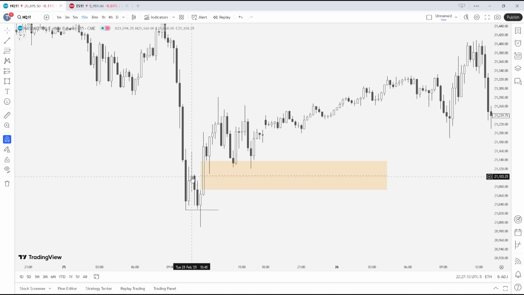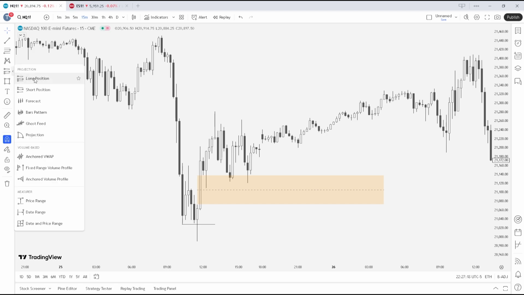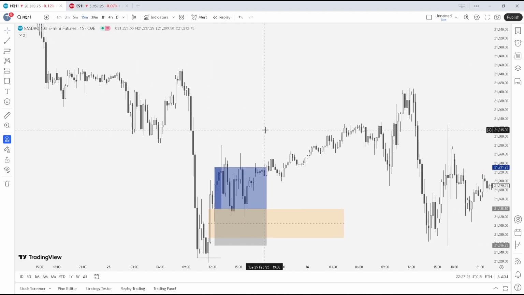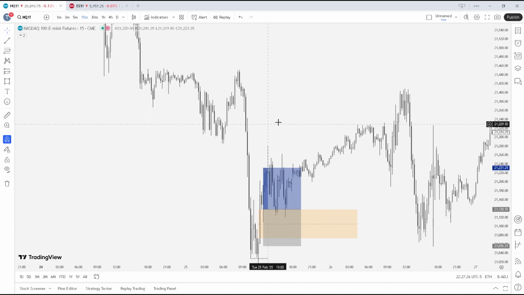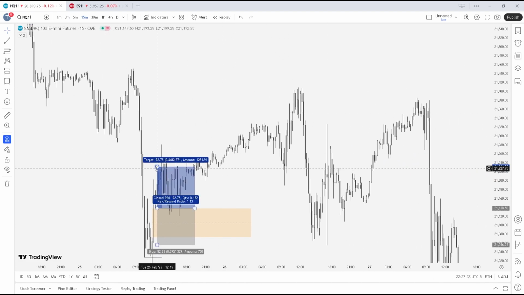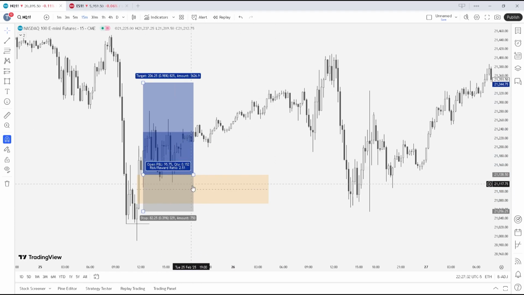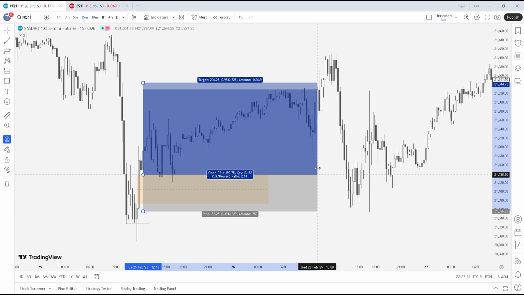Technically this would be a breaker, which I also have not taught yet, but you could enter off of this, stop below the candle low, and then target, or could you target probably one of these fair value gaps. That would be a 2.5R.